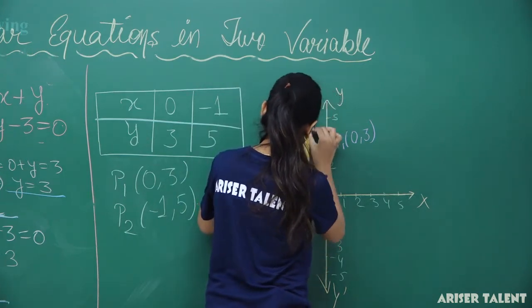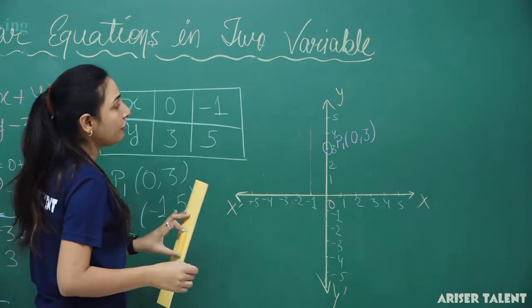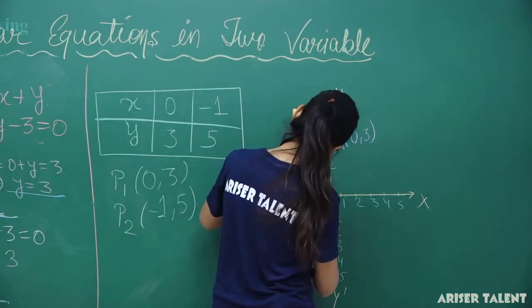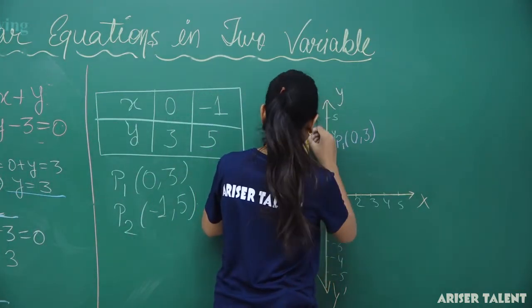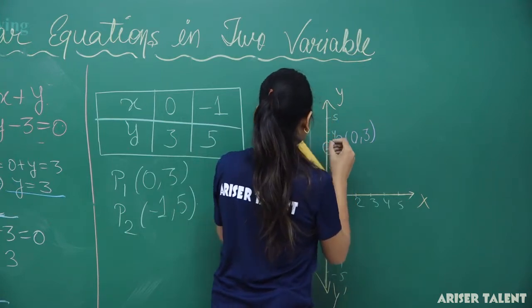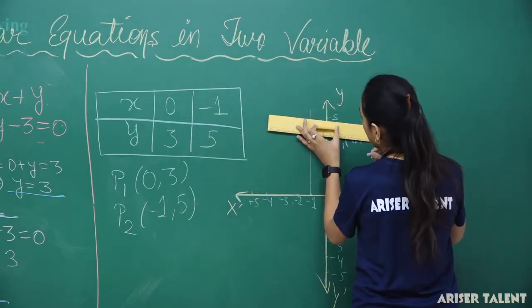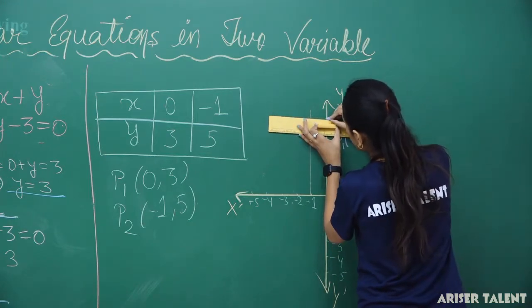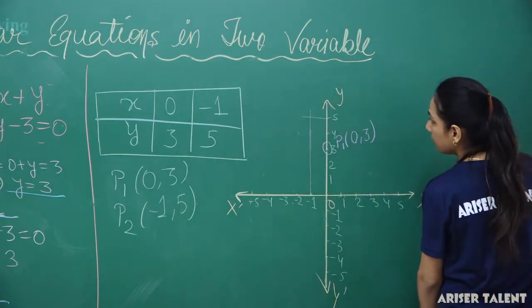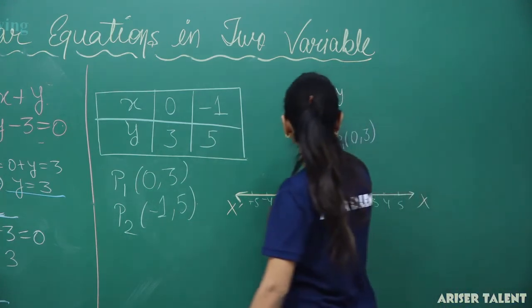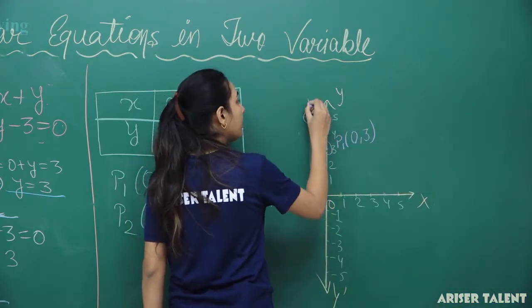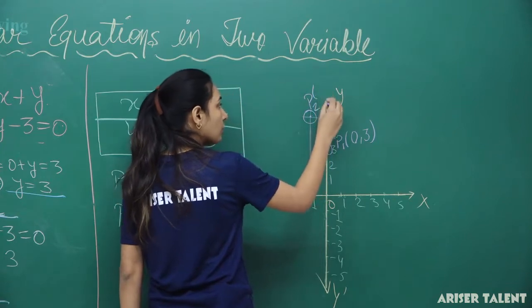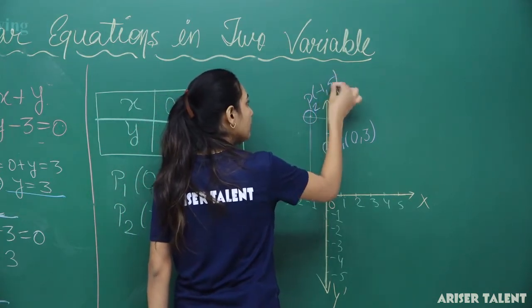Minus 1 it is, and 5 is this, right students? So I get this point here. This point is P2, and P2 is minus 1 and 5.